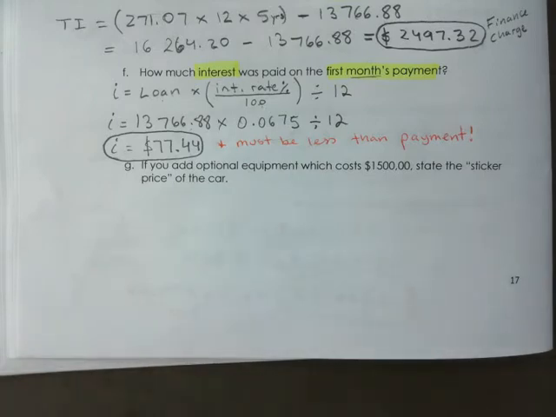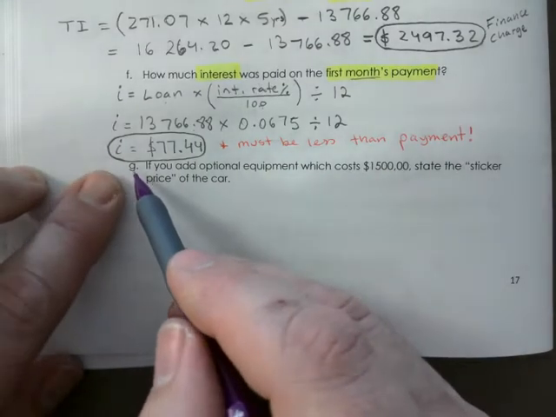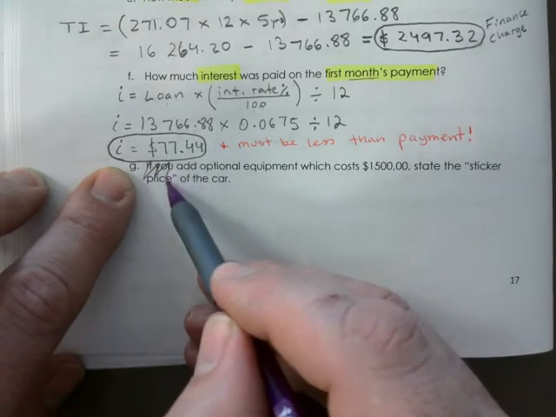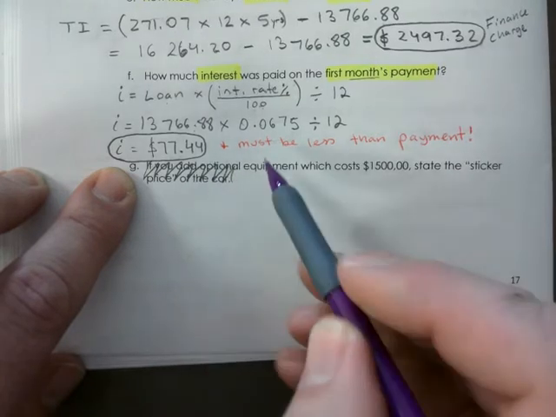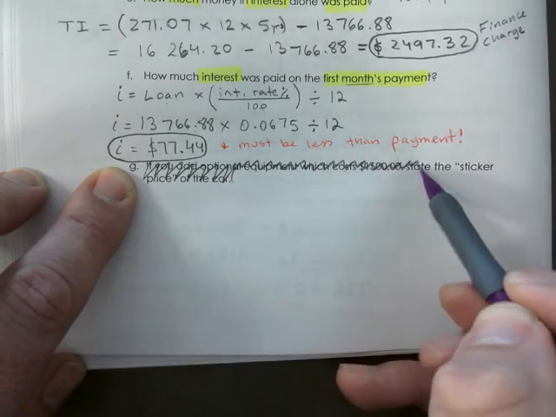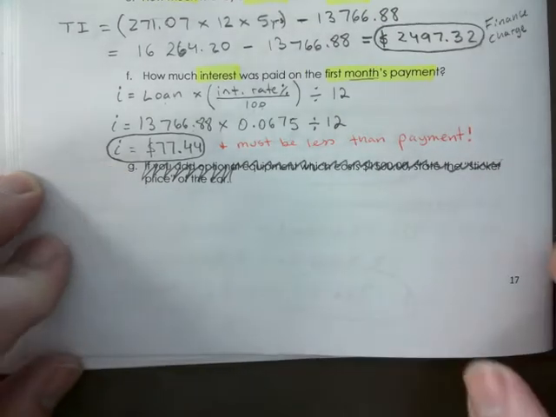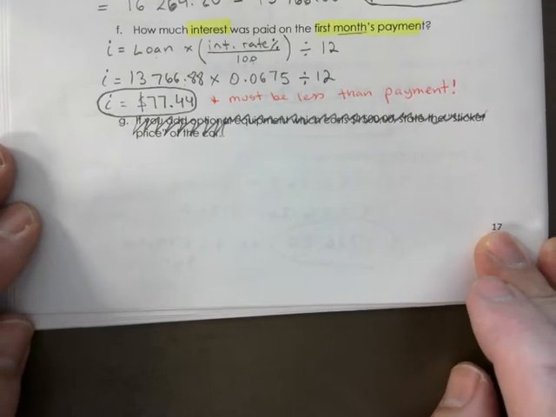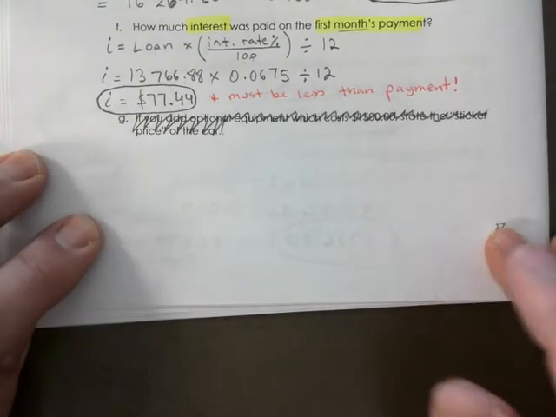I'm going to get rid of G here. Get rid of the wording. It's asking for sticker price. You know what sticker price is, so let's just get rid of that question, and instead we're going to use that space for something else. This is important that you understand this.